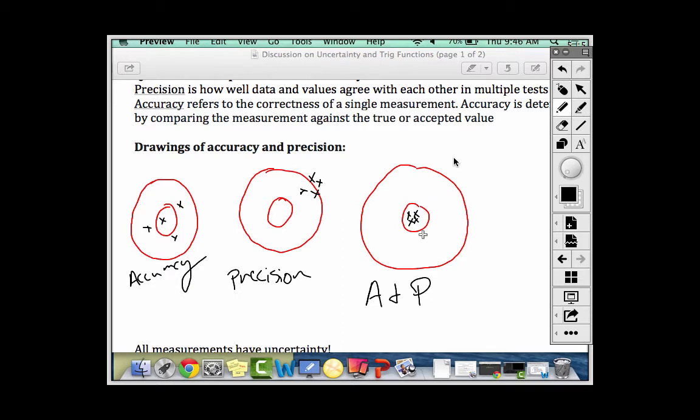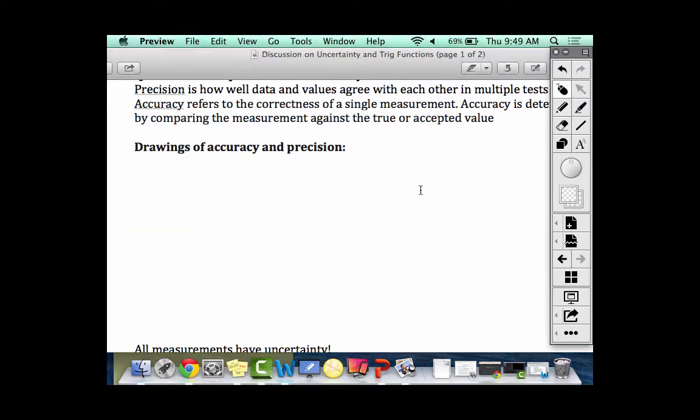You're hitting the true value number, and you're able to do it over and over again. Okay, this would be kind of like if you shoot a bow and arrow into the target, and then the next arrow actually splits that previous arrow that's hanging on the target. You're able to do that over and over again, which would be really cool. Okay, I'm going to erase this. Hope that's all right. Scroll down.